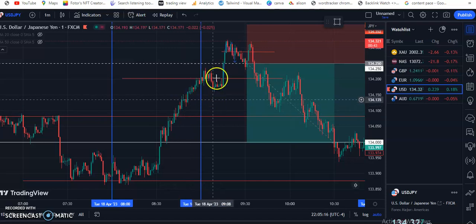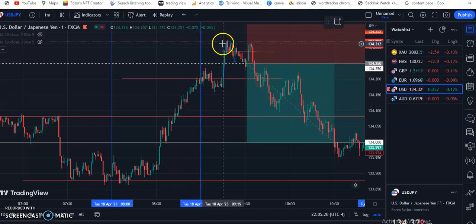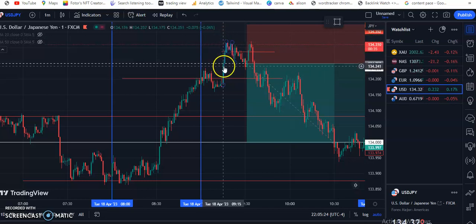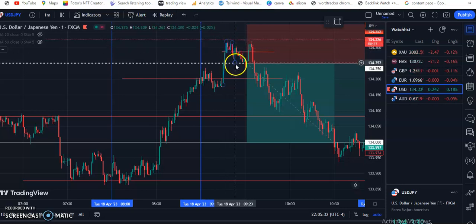So, as you can see, the first hour sets the high and the low of the session. The second hour gives us a nice pump to the high above the quarter level. Gives us a nice W pattern, then a retest and the engulfment here at 9:27.